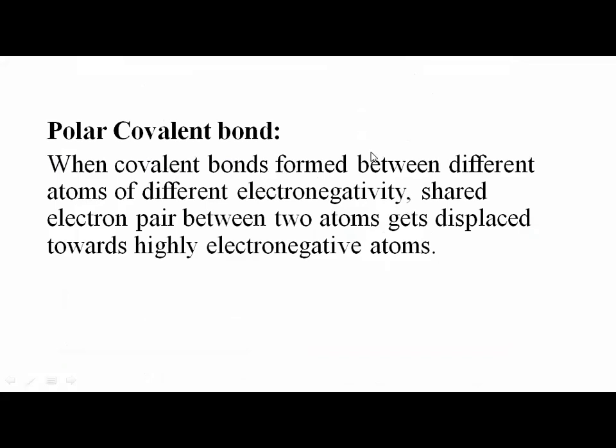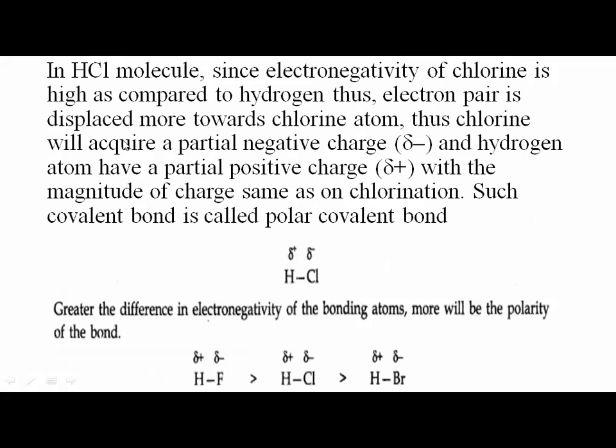When covalent bonds are formed between different atoms of different electronegativities, shared electron pairs between the two atoms get displaced towards the highly electronegative atom. For example, in the HCl molecule, since the electronegativity of chlorine is high compared to hydrogen, the shared electron pair is displaced more towards the chlorine atom.